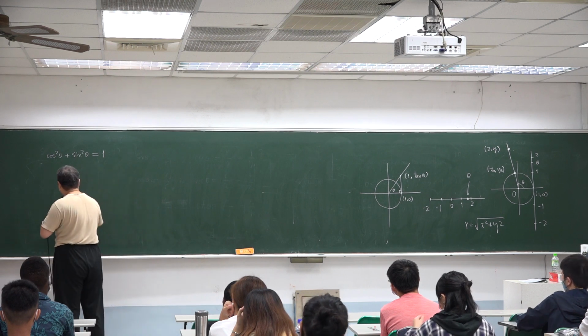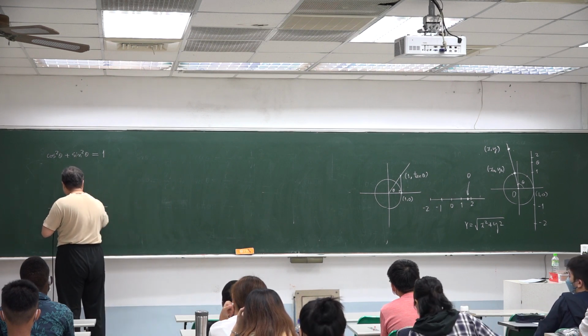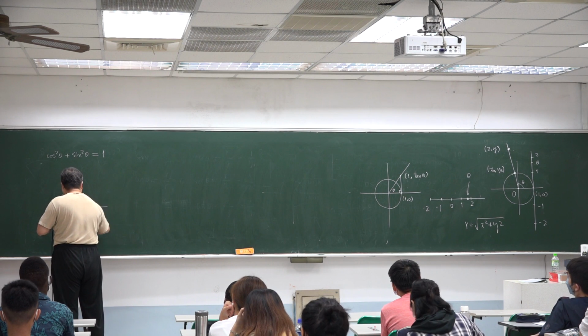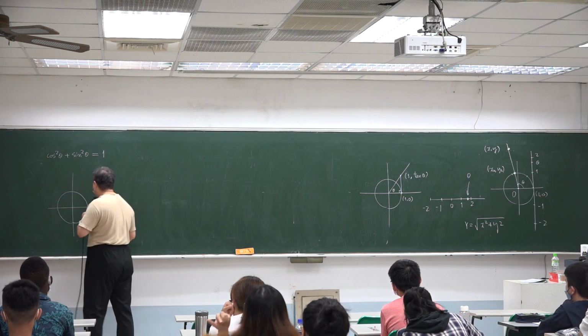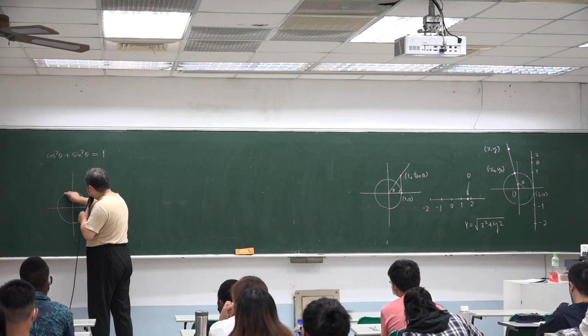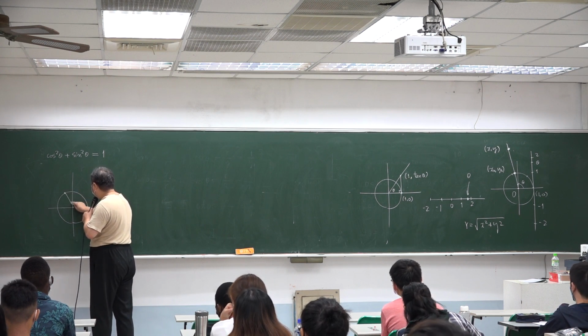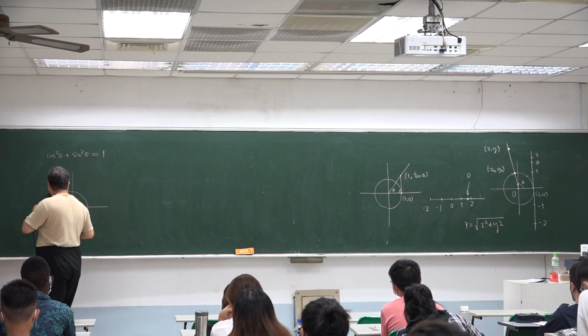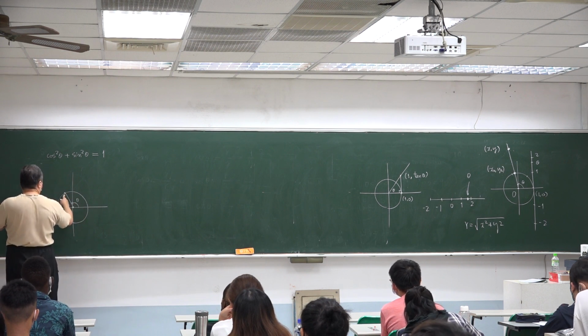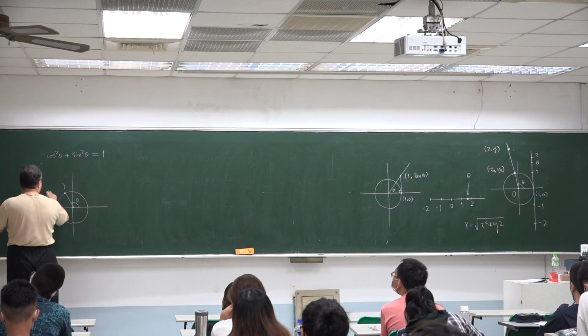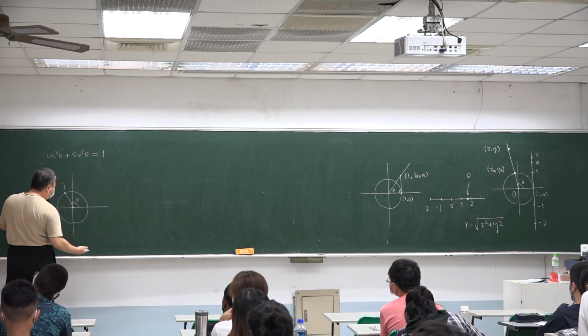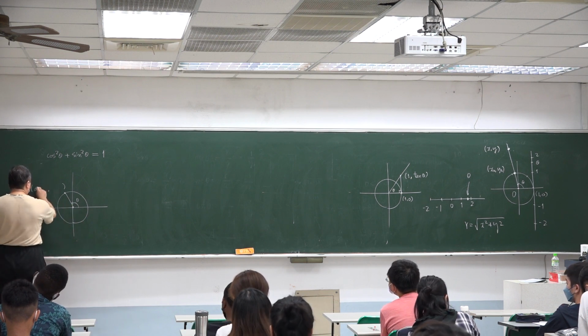Why? If theta is given, maybe here, then the coordinates of this point can be expressed in terms of theta, namely cosine theta and sine theta.